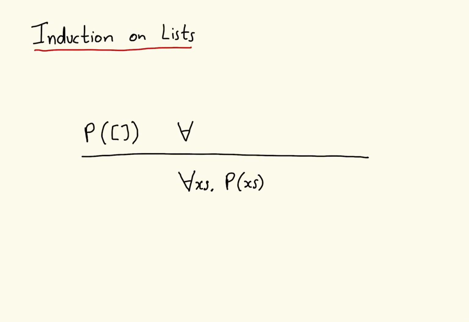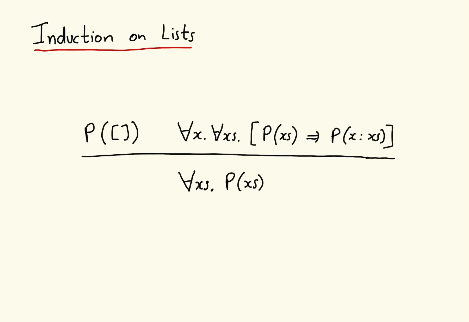We say for any element x and for any list xs, it should be the case that when the property is true for the list xs, then when you put one additional value x on the start of the list using the colon operator, then the property is still true.